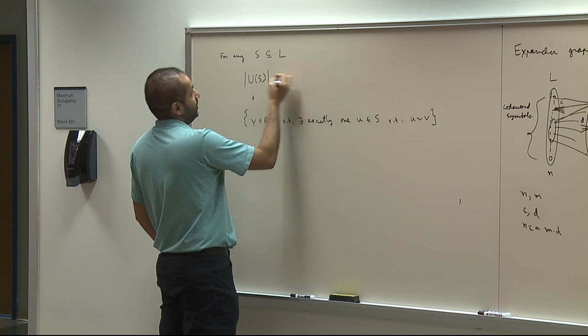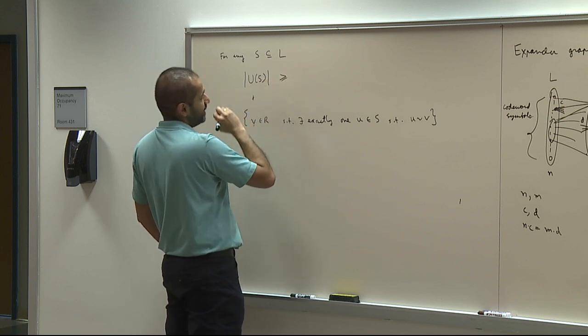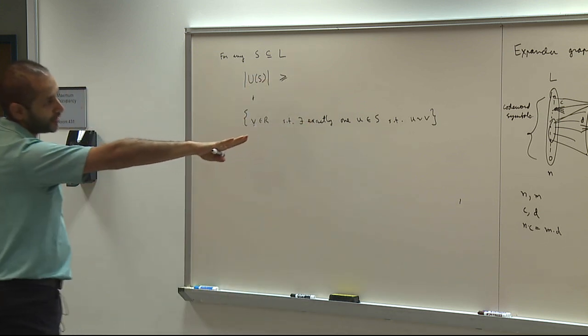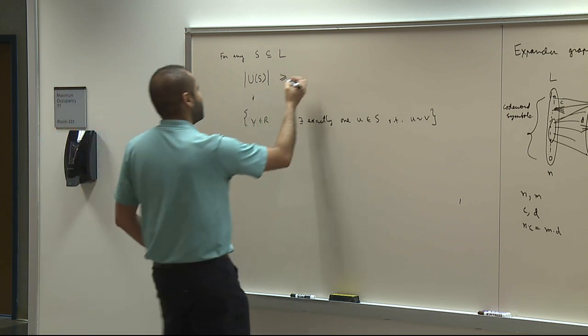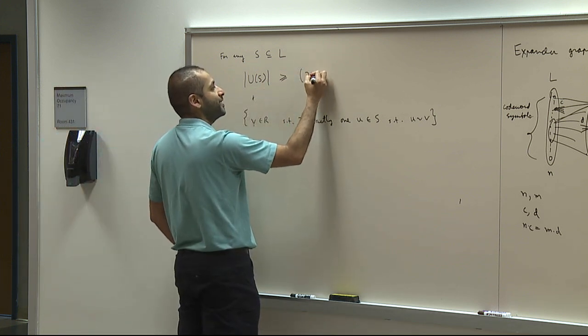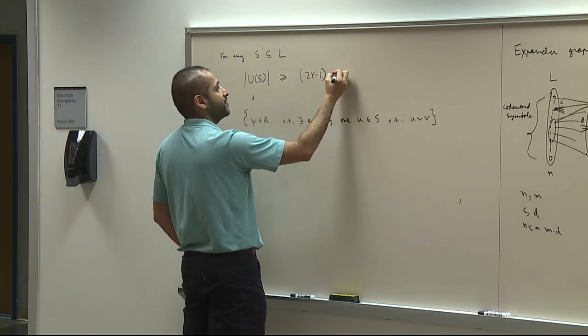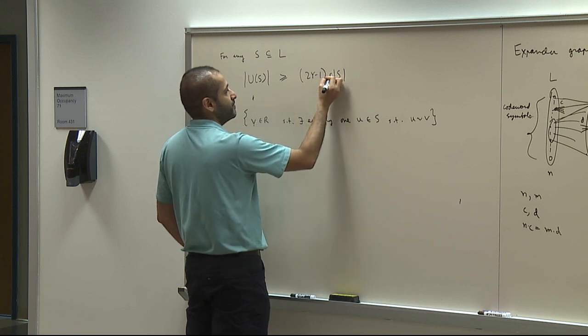This is at least some function of gamma. And so let me see what that function is. It is 2 gamma minus 1 times C times the size of S.